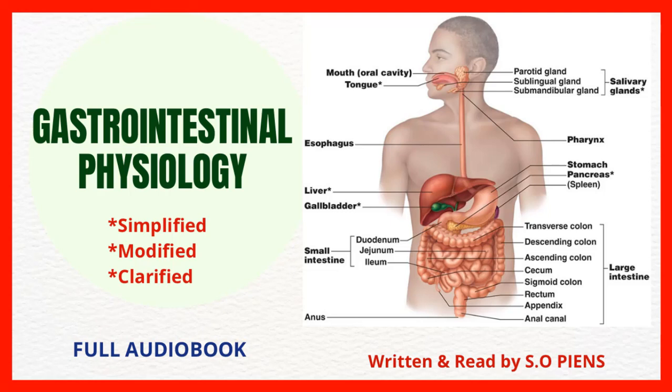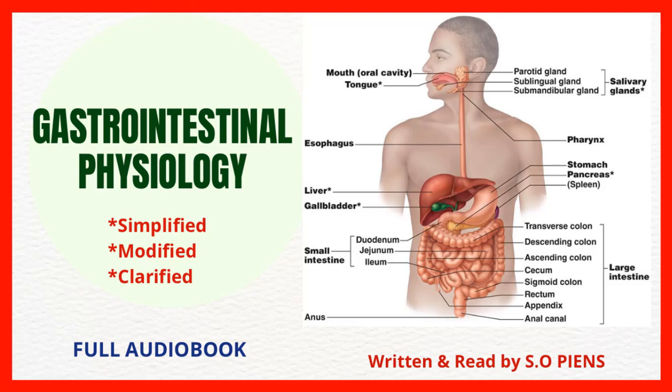So the stomach has three muscular layers: the inner oblique, the middle circular, and the outer longitudinal layers. Then the fourth layer is the adventitial layer, which can be serosa or fibrosa. That is, it can be serous membrane or fibrous membrane depending on the part that you're talking about. That is in the GIT.